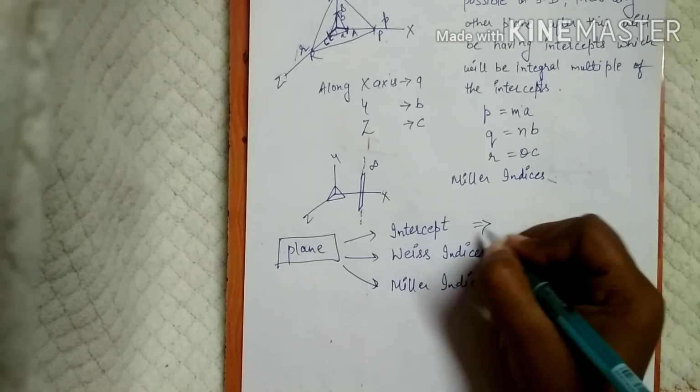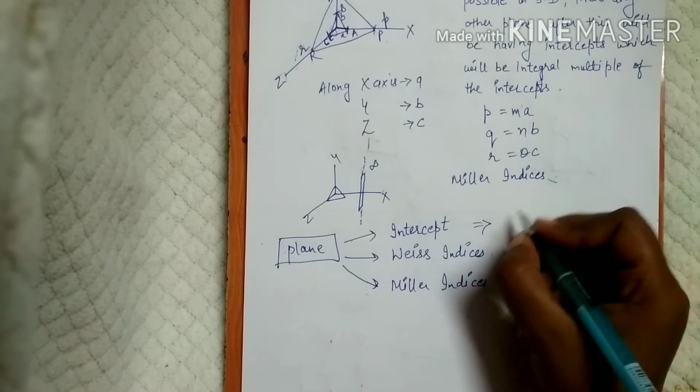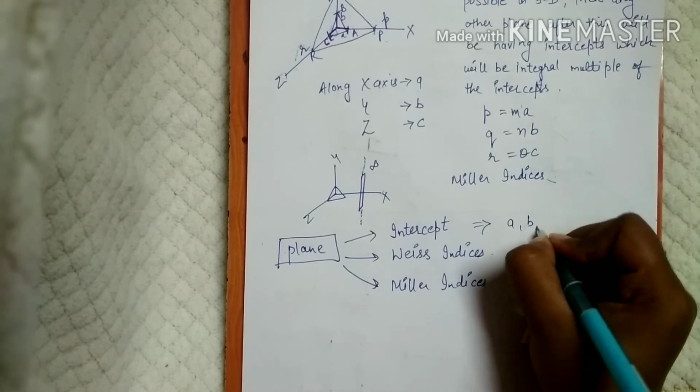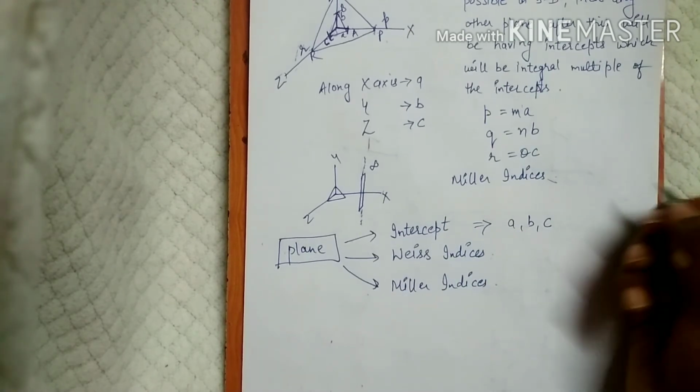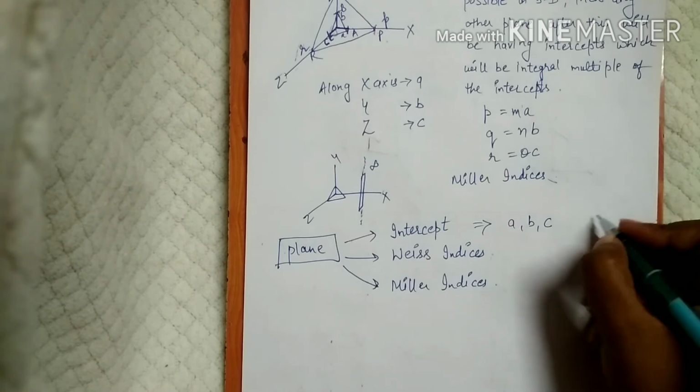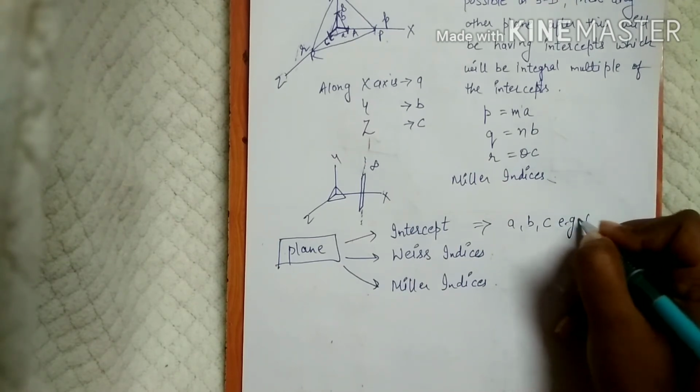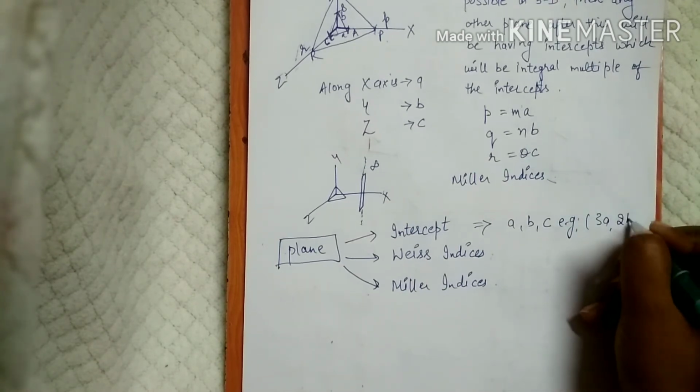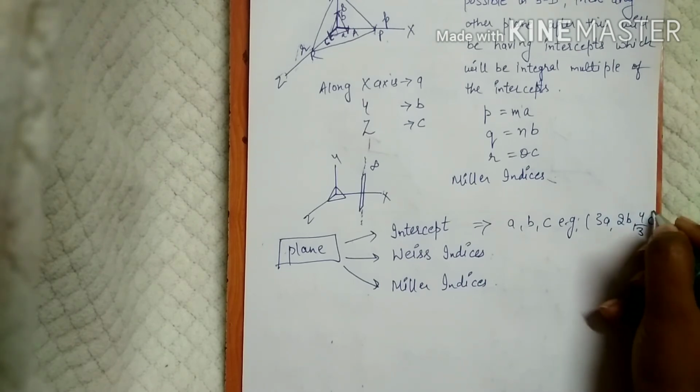See, intercepts are represented with respect to A, B, and C. For example, there is a plane for which we have been given intercepts 3A, 2B, 4 by 3C, like that.